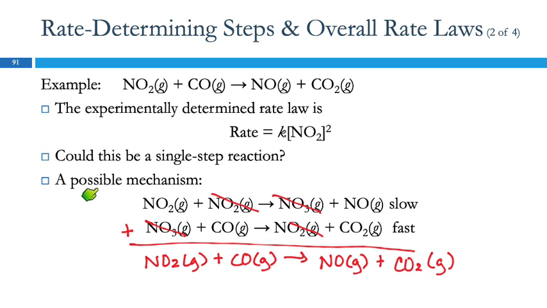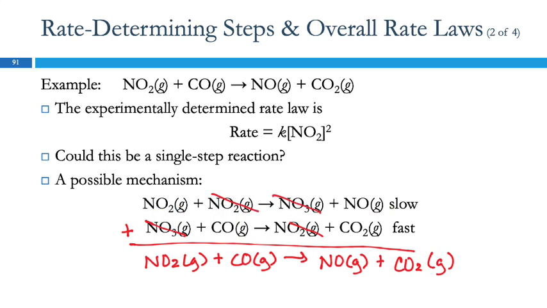So in this possible mechanism, this first step in which two NO2 molecules are colliding with each other, an elementary step, this is describing exactly what's happening. If this is the slow step, we can write a rate law for this step, right?